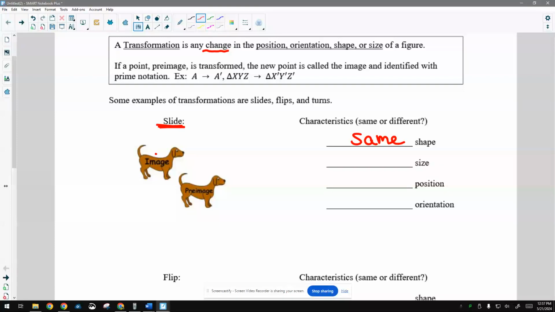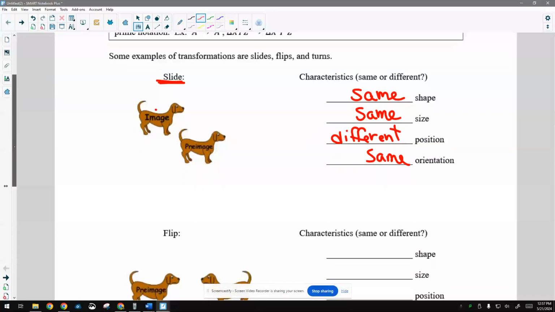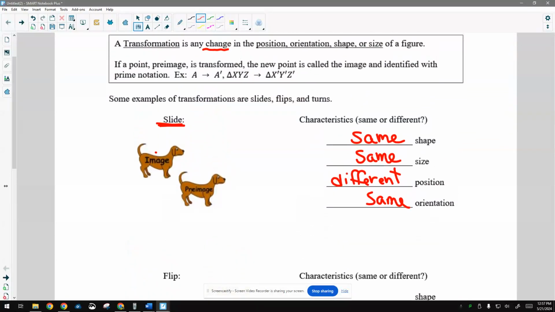His size stayed the same. His position is different. Orientation, he's facing to the door. He didn't flip. So that has the same orientation. Okay? That is one type of a transformation. It's a slide.